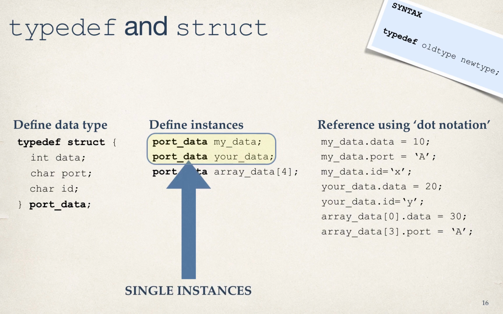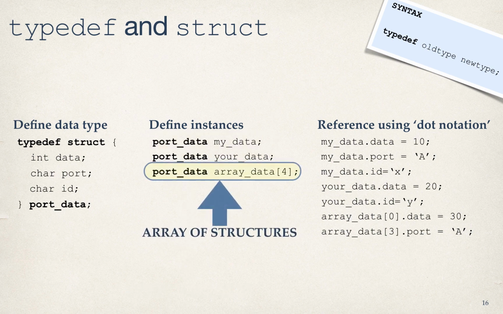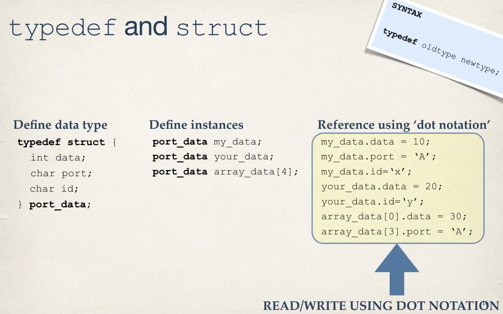These are single instances of type port data, so type then variable name, or of course we can have an array of them and iterate through them and modify, etc. Okay, so remember we read and write with the dot notation when they are value types. So this is a variable, a value type. If we equate this to another, it will copy it, and we know we're using them because we use this dot notation.